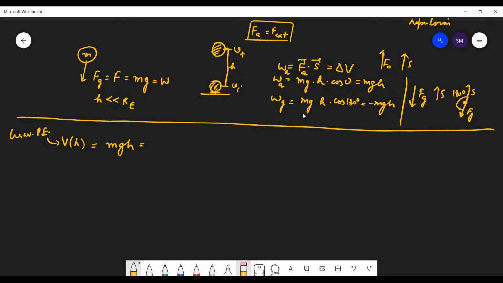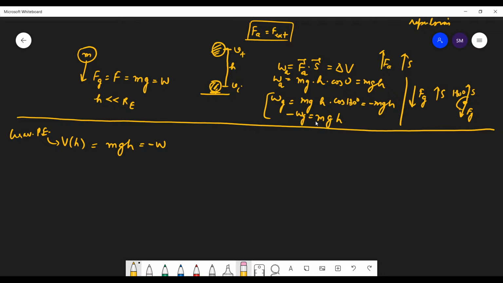If I talk about the work done by the gravitational field, that is negative, so multiplying both sides by -1, I get Wg equals mgh. So mgh is the negative of the work done by the gravitational force.